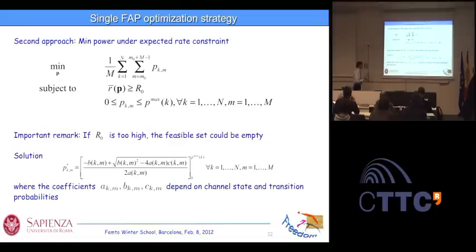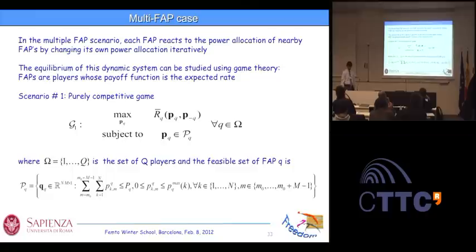If the feasibility condition is ensured, the optimal power allocation looks like this. It's the same form as before, of course with different parameters, where again the coefficients appearing in this generalized water filling depend on the transition probabilities.